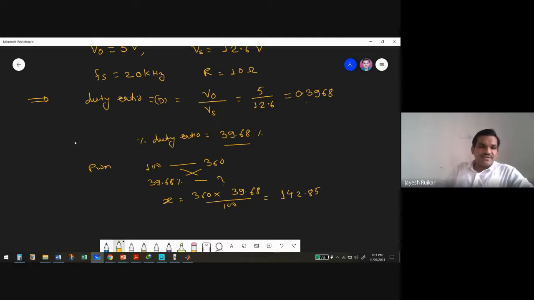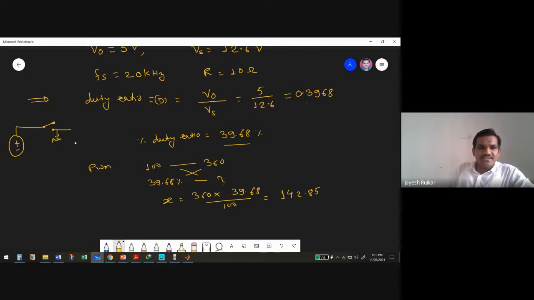Let me draw this diagram. We need a supply voltage Vs and then one switch, in this case a MOSFET. The PWM, the gate pulse, is given to the switch.